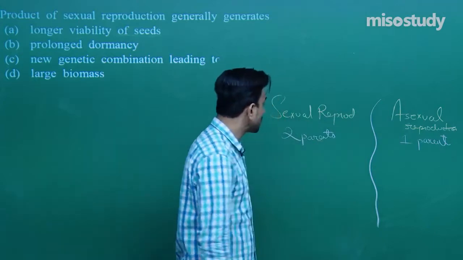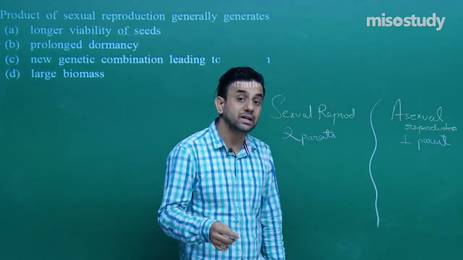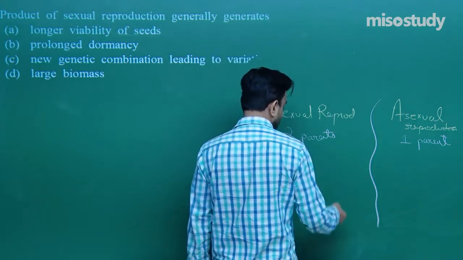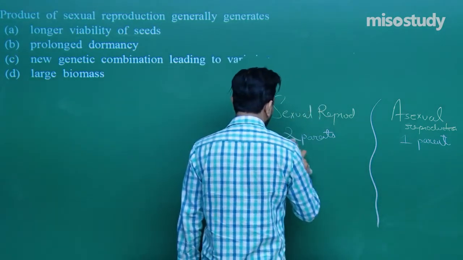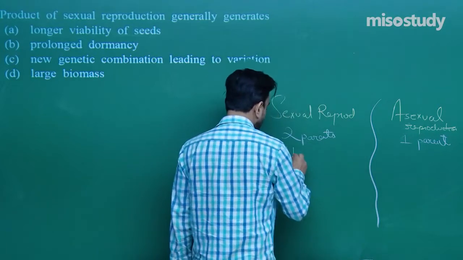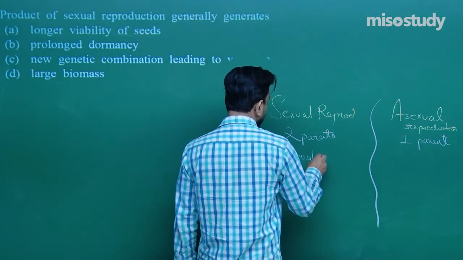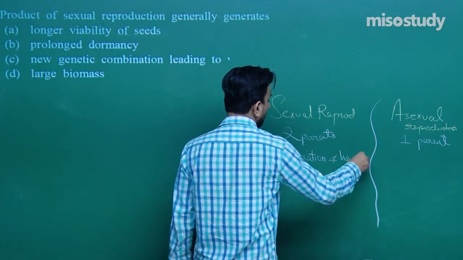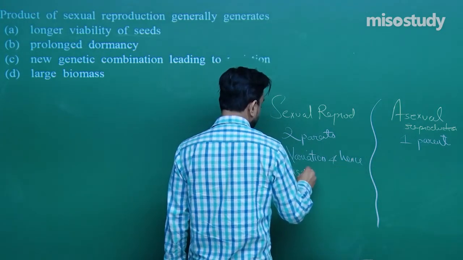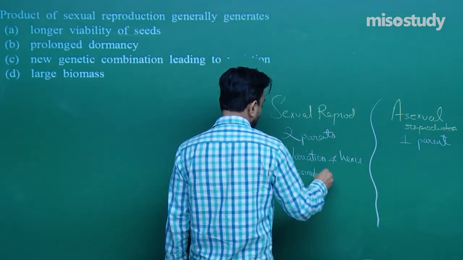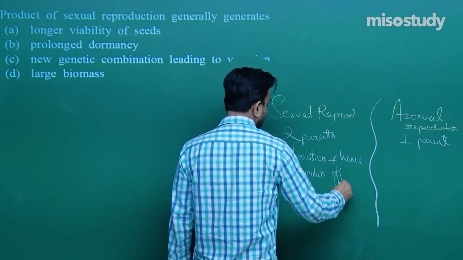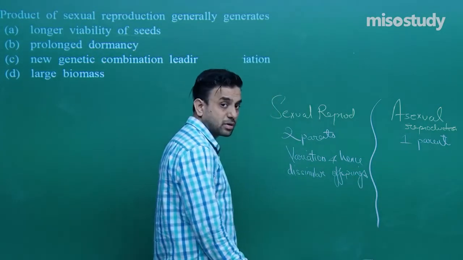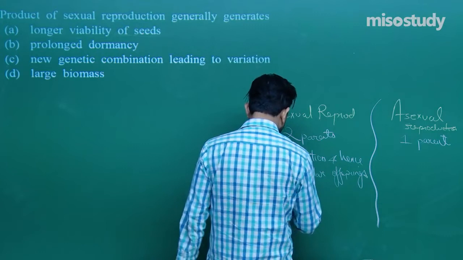In sexual reproduction, there will be crossing over, and hence genetic recombination, and hence variation, giving dissimilar offspring due to crossing over.